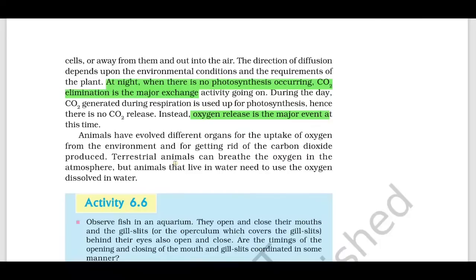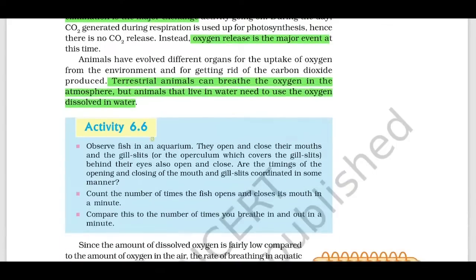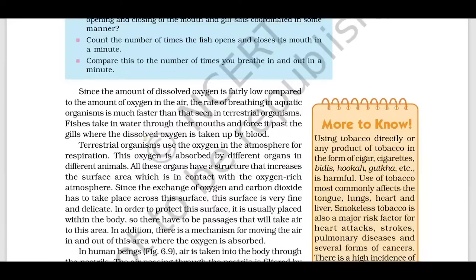Terrestrial animals can breathe oxygen in the atmosphere, but the aquatic animals that live in water need to use the oxygen that is dissolved in the water. Again, give reason question. Since the amount of dissolved oxygen is fairly low compared to the amount of oxygen in the air, the rate of breathing in aquatic animals is much faster than that seen in terrestrial organisms.